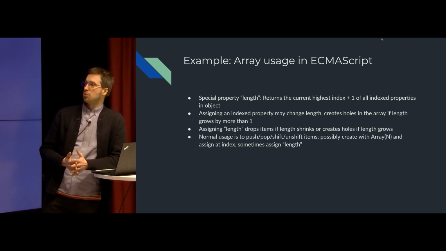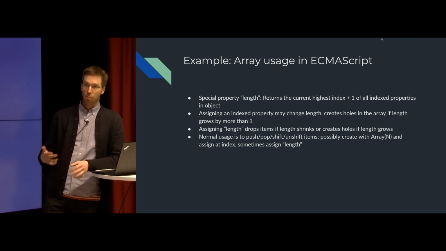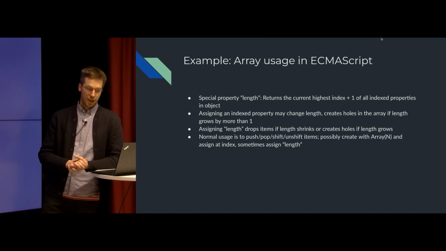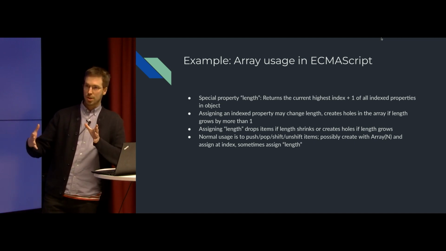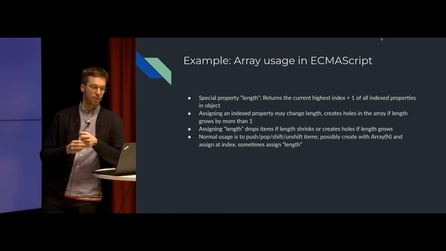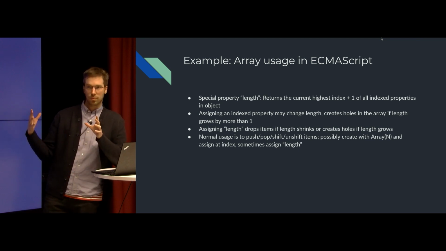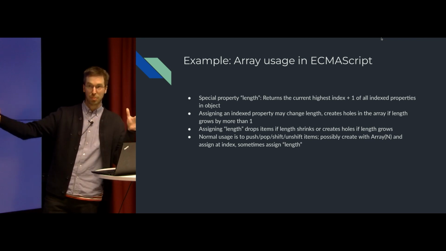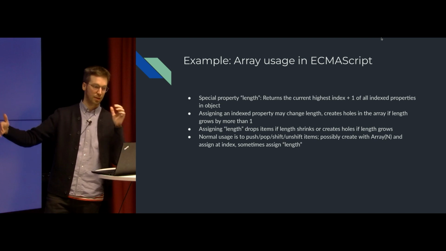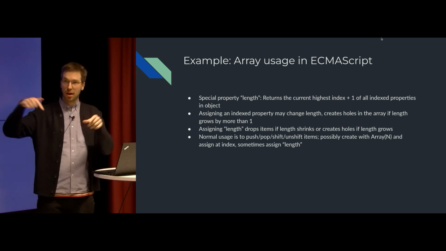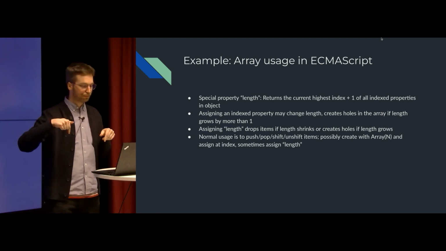And how you normally use arrays is that you push, pop, and unshift items into the array or out of it. So those always keep the array nicely compact, always changing the index by at most 1. You can also sometimes create arrays with some static length, in which case it has a bunch of holes in it at that static length. And then you assign at those indexes.